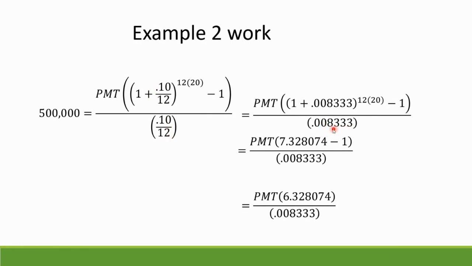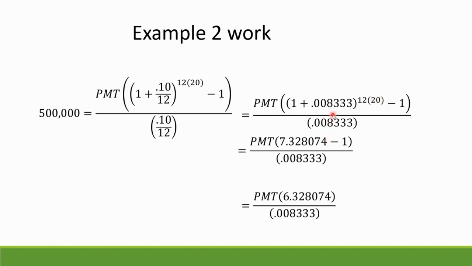It keeps on going, but I'm just using 6 decimal places. In the end, we're going to round to 2, but the more decimal places you use, the more accurate your answer is. So we have 1 plus 0.10 over 12, which is this, and that's being raised to the 12 times 20.